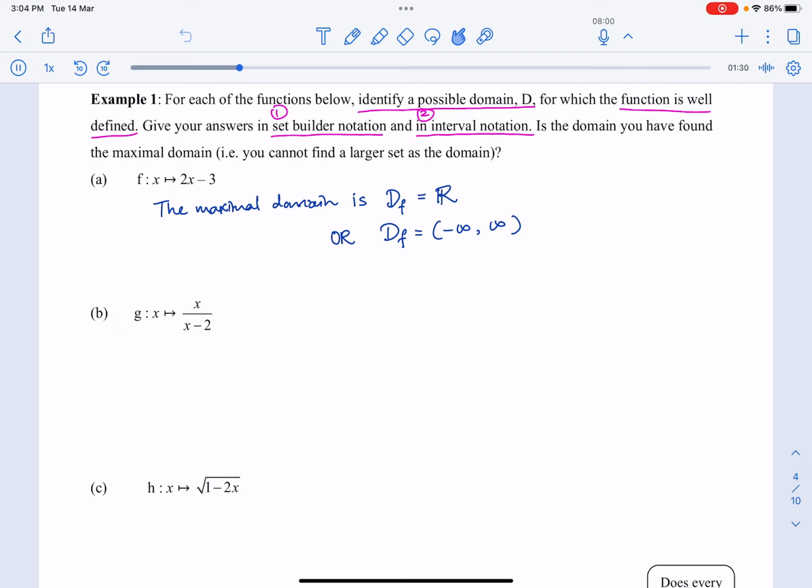Okay, for part B, it is given as the function g. So in this case, the maximal domain is given as, again, capital D, which stands for domain, and the function is g, so the subscript is written as a letter g.